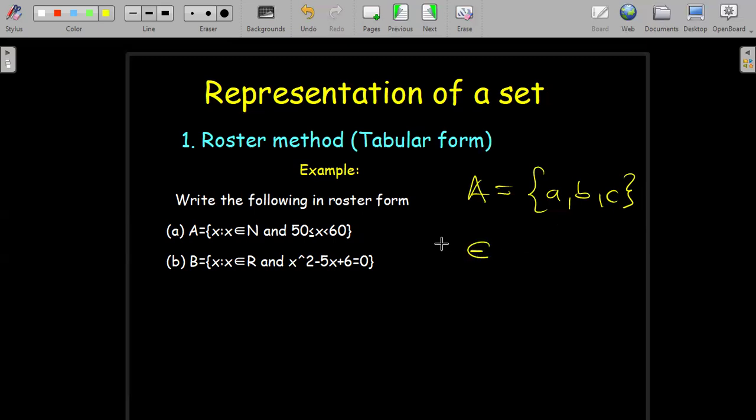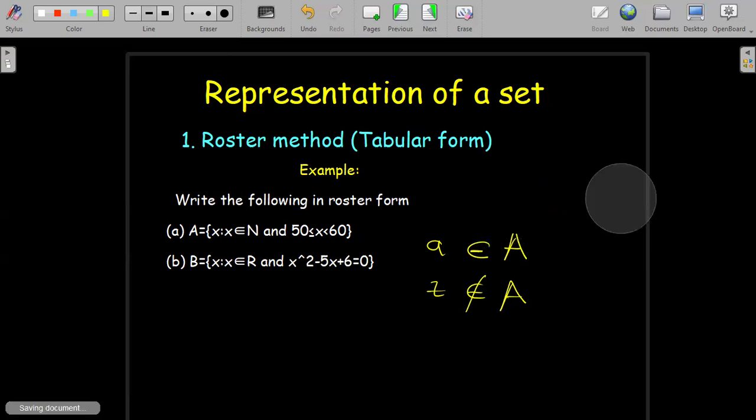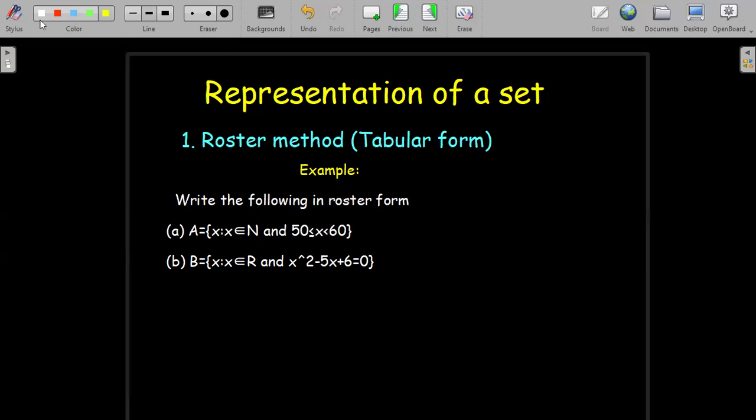For example, I can say that A is a member of the set A. Then we will use this symbol to mean not a member of. For example, Z is not a member of A. That's how we are going to work with this. I think you remember this from your basic O-level math.